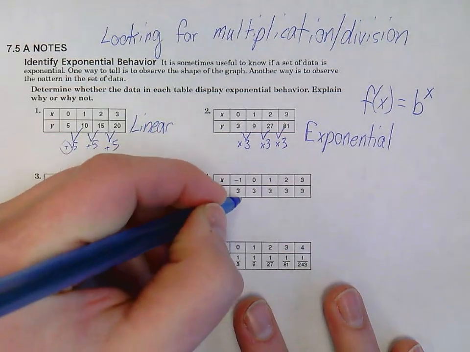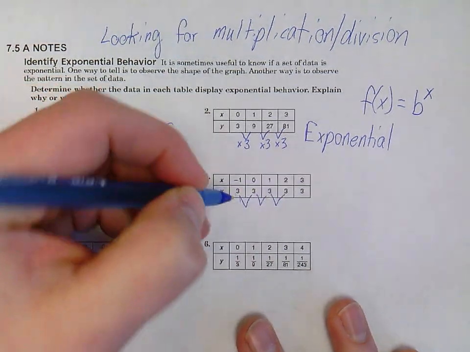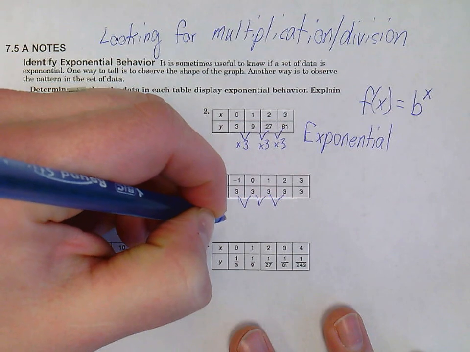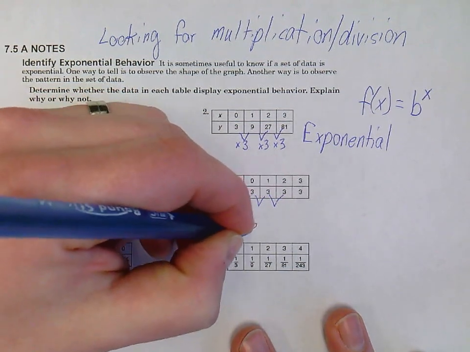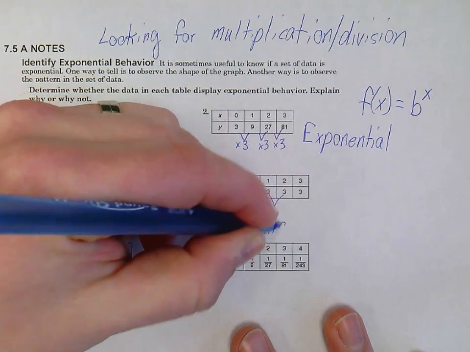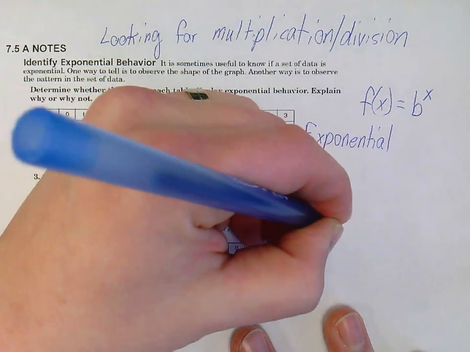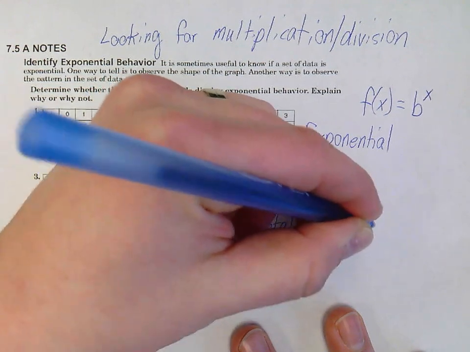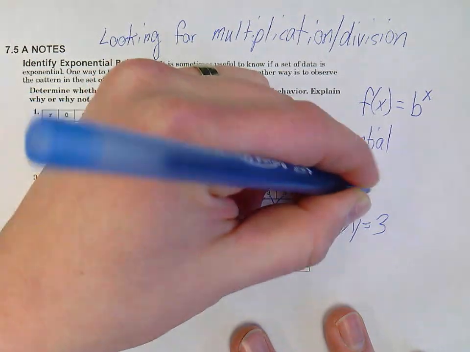Exponential. Okay, I'm going up by nothing, nothing, nothing. I hope you say that this is a horizontal line. Y is always 3, so this is linear, not exponential.